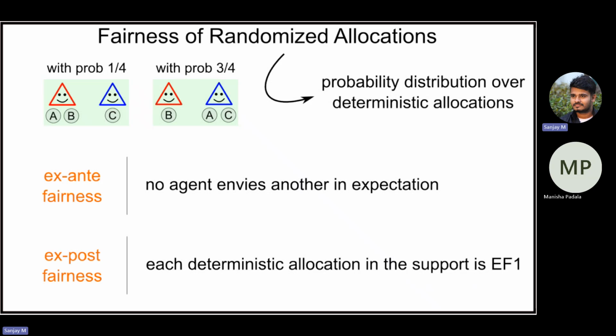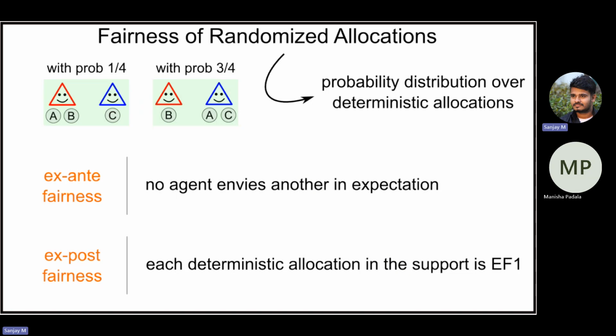So it was ex-ante fair, but ex post as unfair as it can be. So in addition to ex-ante, what you would like is some kind of ex post fairness guarantee. And because we have just seen EF1, let's ask that every deterministic allocation that is realized once the coins are tossed is approximately envy-free, is EF1.